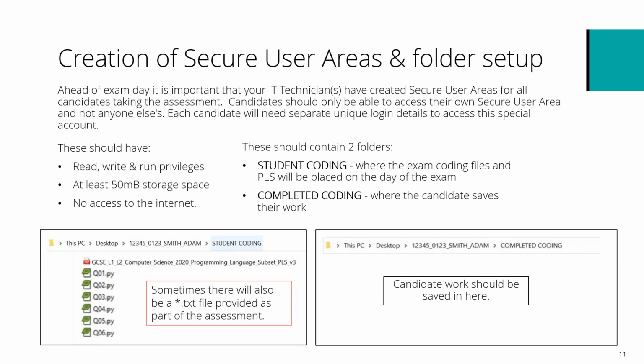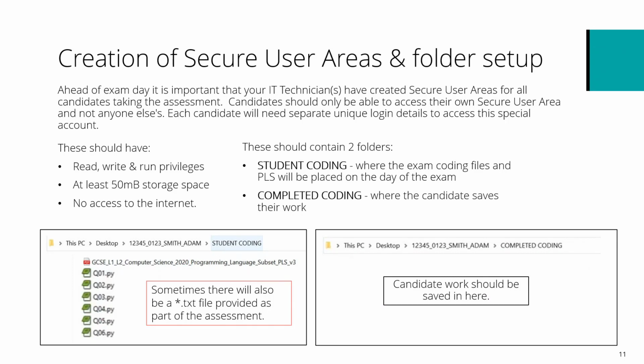Yes, you can. We designed the delivery of this qualification and we went through during the development of paper 2 all sorts of options for what the file folders should be called at your end. And in the end, we stumped for student coding, completed coding, and we tried to keep things simple.